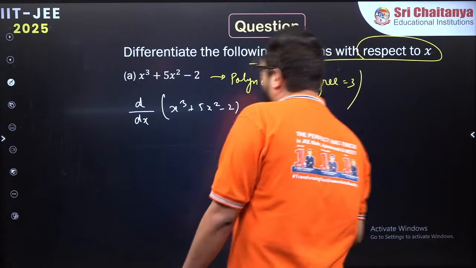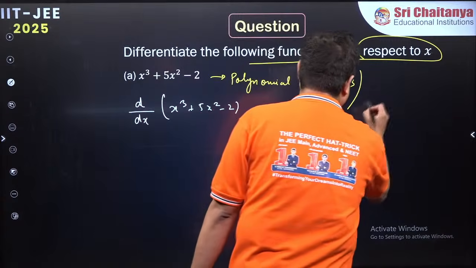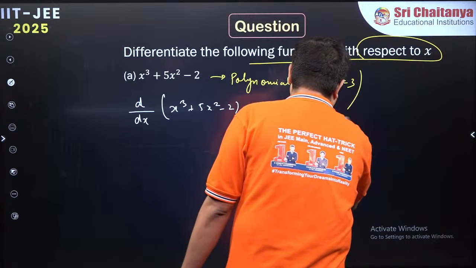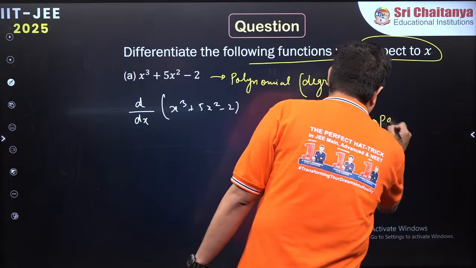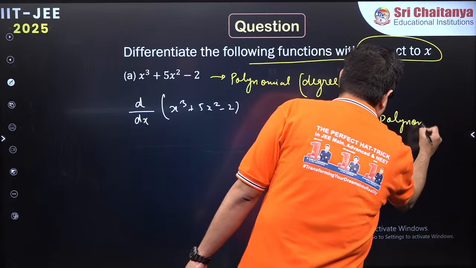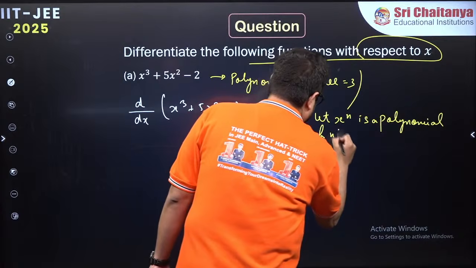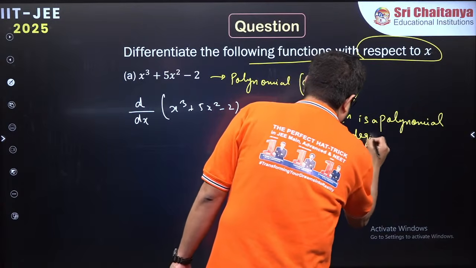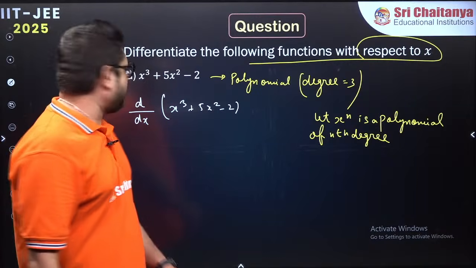So now, those who don't know how to differentiate, if I say that x to the power n is a polynomial of nth degree, then what is going to be the value of d by dx?